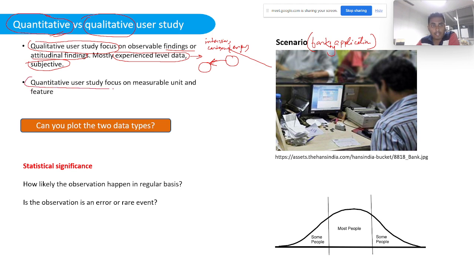However, in a quantitative study, we already know the specific feature or measurable unit, and we conduct the study to get either the percentage, a number or count, or a specific value of these variables for our study.